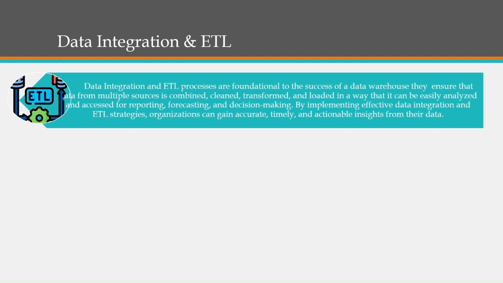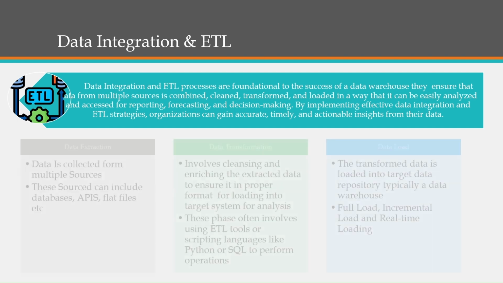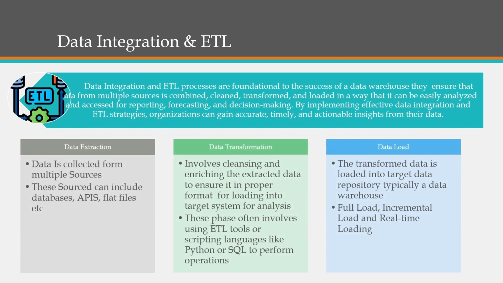Now, let's dive deeper into the ETL process, which is the core of data integration for many data warehouses. In data extraction, data is collected from multiple sources. These sources can include databases, APIs, flat files, etc. Data transformation involves cleansing and enriching the extracted data to ensure it is in proper format for loading into the target system for analysis.